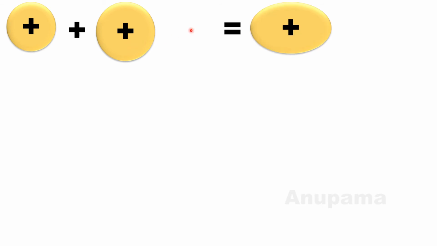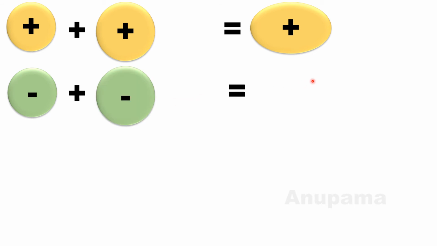In short, if we have a positive integer and we add another positive integer, then we will get again a positive integer. And if we have a negative integer and we add another negative integer, then we will get the sign of minus. That integer will be negative.